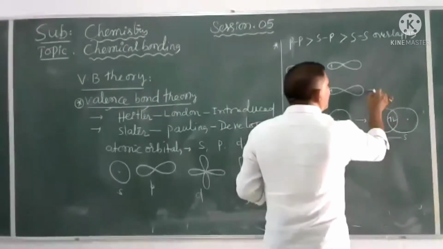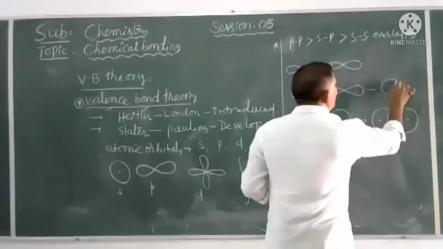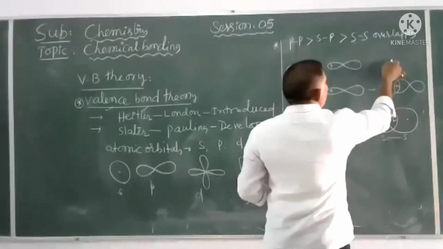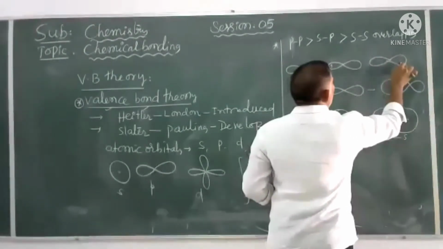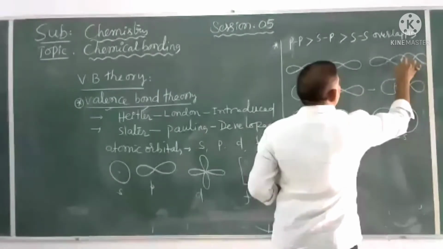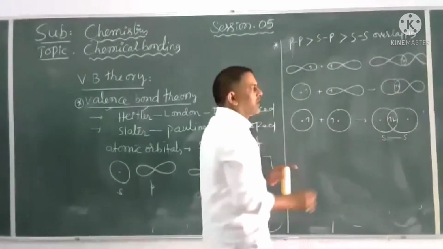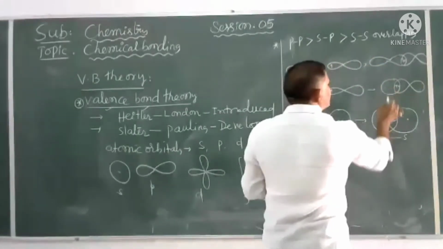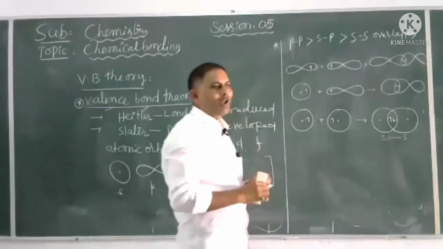Now here it forms SP overlapping like this, and PP overlapping. So the extent of overlapping is more for PP than compared to SP than compared to SS overlapping.